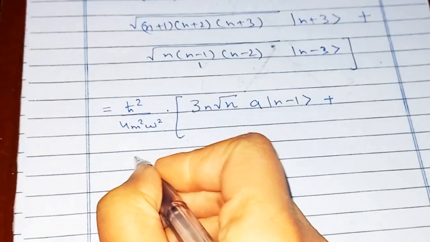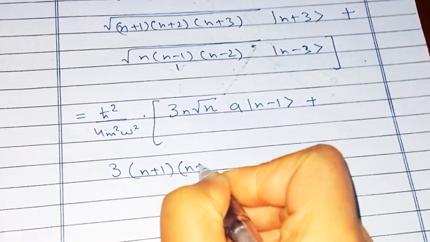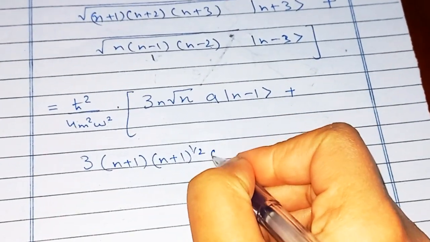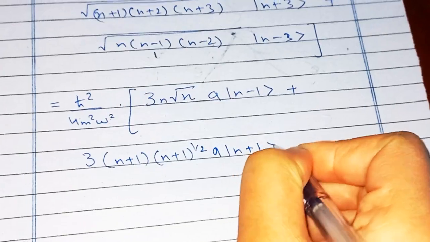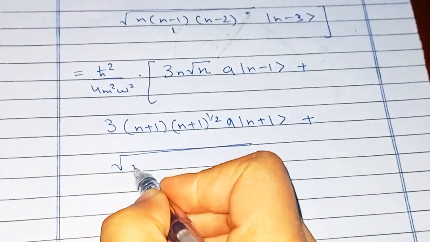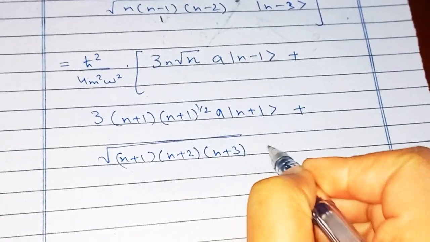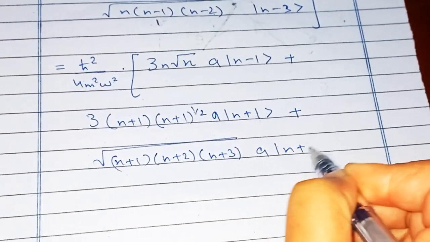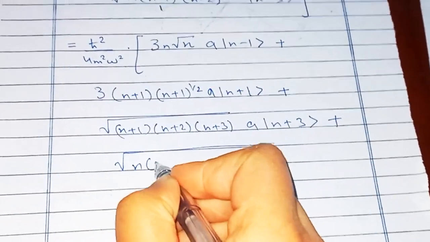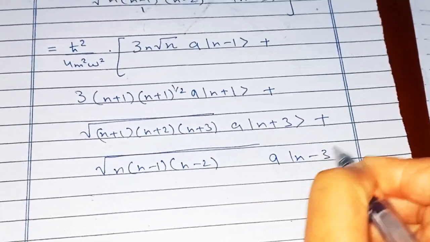Then the second quantity, which is 3 into n plus 1 into n plus 1 to the power 1 by 2, under root is actually this, and a into n plus 1, plus this third quantity, n plus 1, n plus 2, n plus 3, then the lowering operator on this cat, then the fourth term, the last term for a, n minus 3 cat.